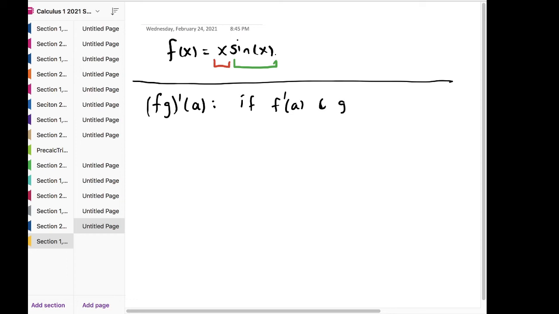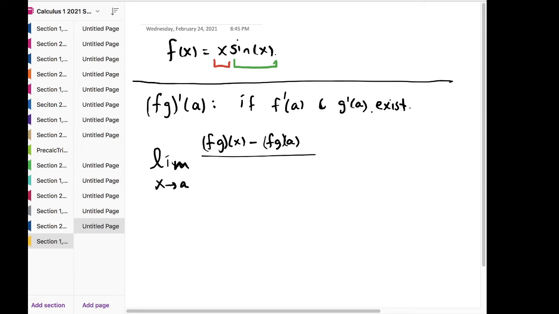We can't just say it. Okay, so what do you do? You take a limit. So it's (fg)(x) minus (fg)(a) over x minus a.